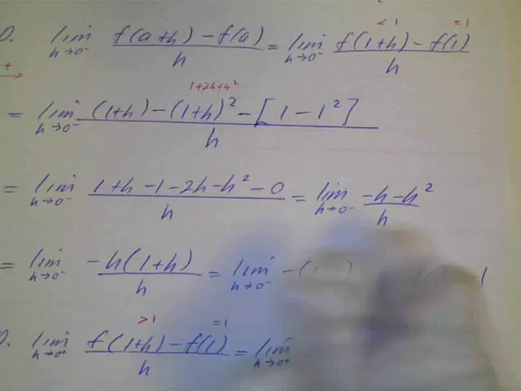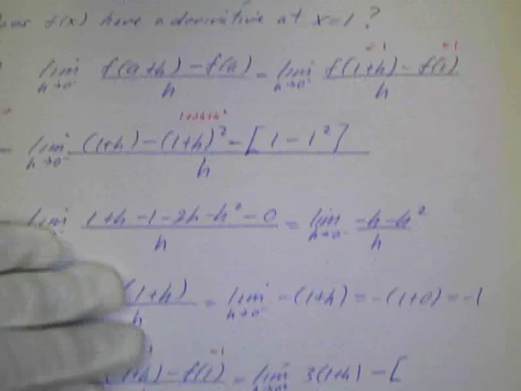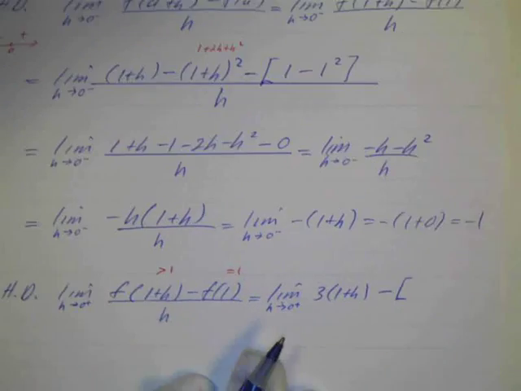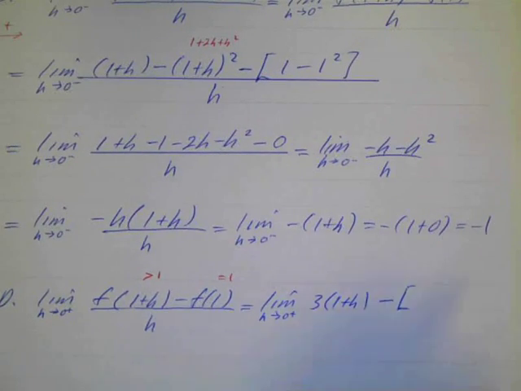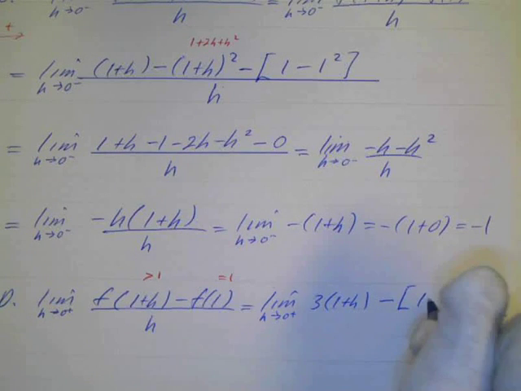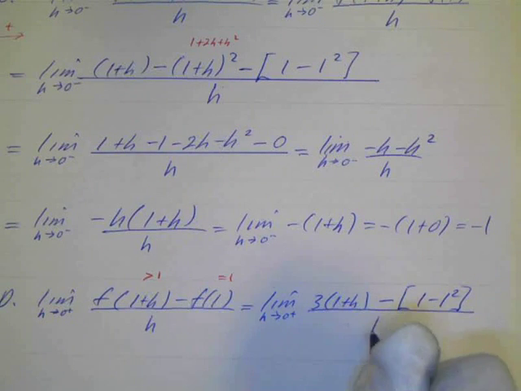So I'm using the first part again for f of 1, but this is the new part because the inputs are going to be greater than 1. We're still using the equal to 1 part because that hasn't changed. So that's going to be 1 minus 1 squared, all over h.